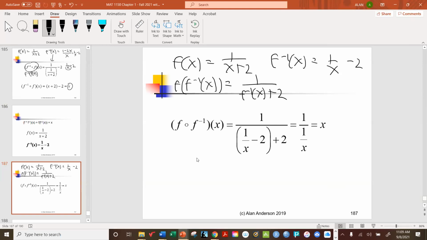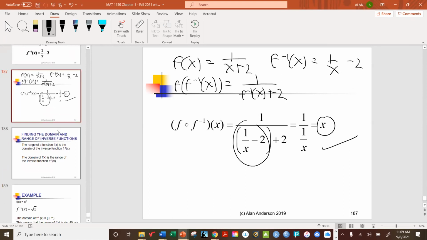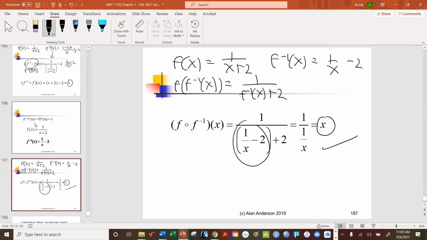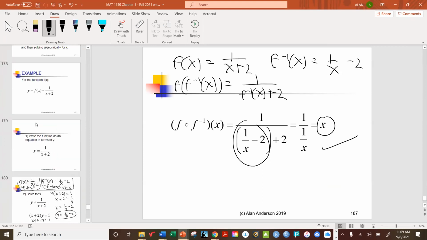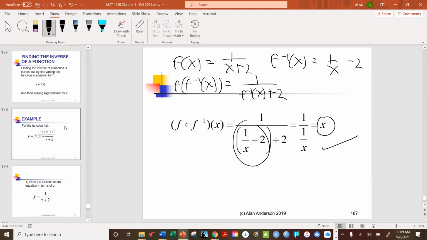And that means I've got this expression plus 2. And this is 1 over x, which is x. Okay, so we're golden. Now, this one we're going to need to do a lot of practicing with. You can see this is a little bit messier. But if we understand the composite functions we did earlier, this shouldn't be that difficult. There's really just like one extra step, basically.